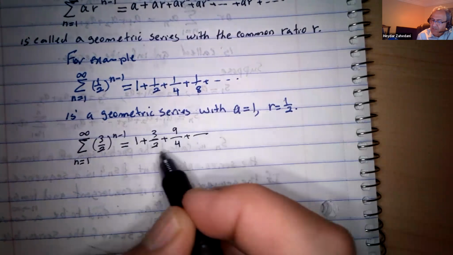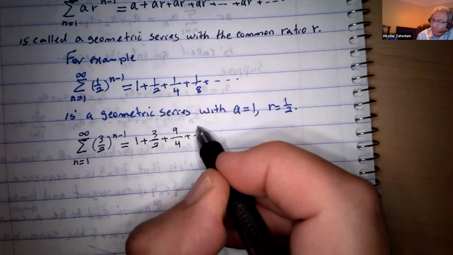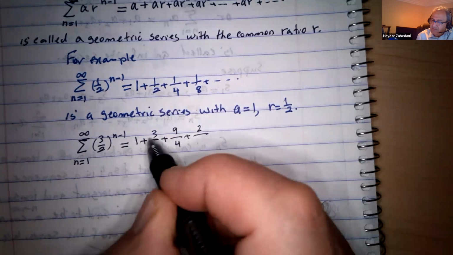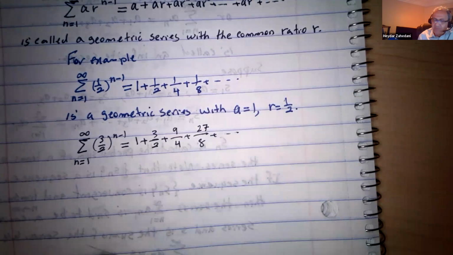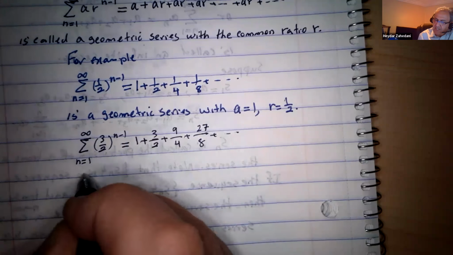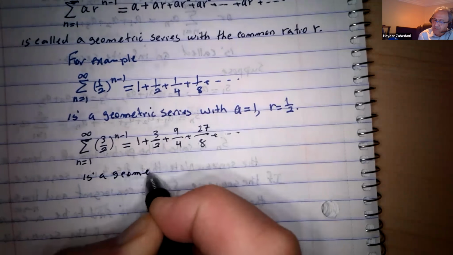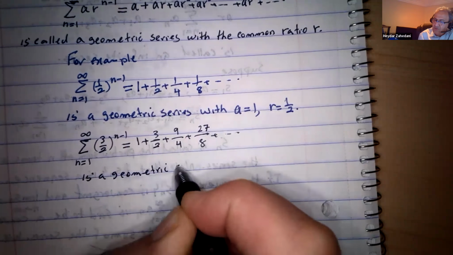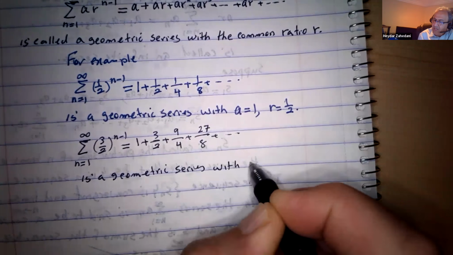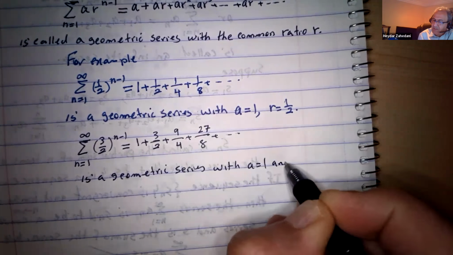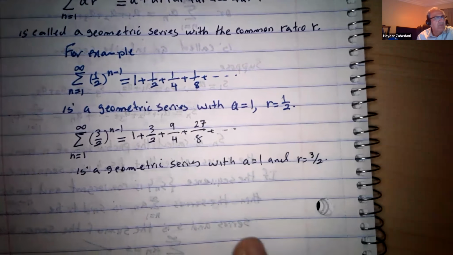You multiply 3 times, another one would be 27/8, etc. So this is again a geometric series with A equal to 1 and R equal to 3/2.